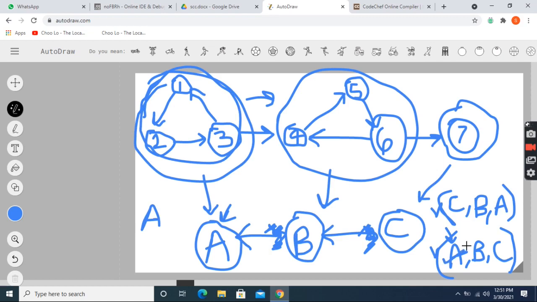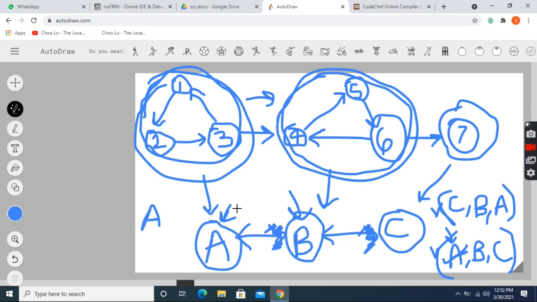A is done. Now we move towards B. We start the DFS from B. Again we visit all those vertices that are present in B. We cannot move towards C because the edge has been reversed, and also note that we cannot move towards A because the whole A component has already been visited. So we get only the connected component B. Finally we move towards C, and for C also all the vertices present in C will be traversed, but no other vertices will be traversed.